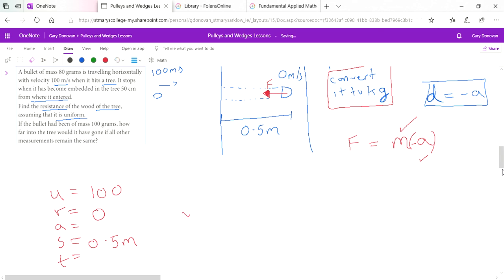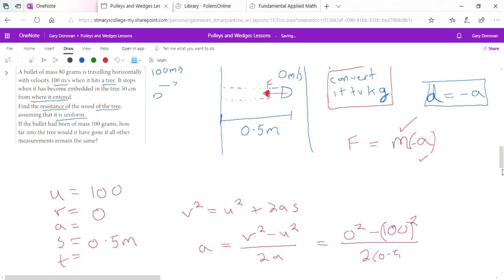Finding a, we'll use v squared equals u squared plus 2as. So rearrange that. a equals v squared minus u squared over 2s, equals 0 squared minus 100 squared over 2 times 0.5, and you get an answer of minus 10,000 meters per second squared. And you see how you get the minus because it's a deceleration, it's slowing down.